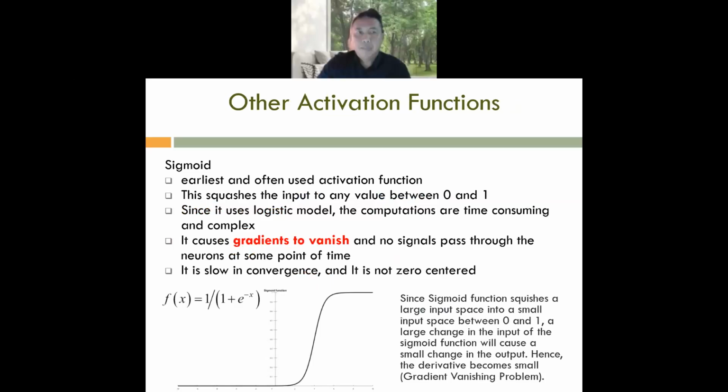We also have what we call the sigmoid. If you recall, this is similar to the logistic regression formula that we use. So the range is from 0 to 1. It has slow convergence in such a way that the range of x is too big, so big changes in x will only change your value of y very slightly.